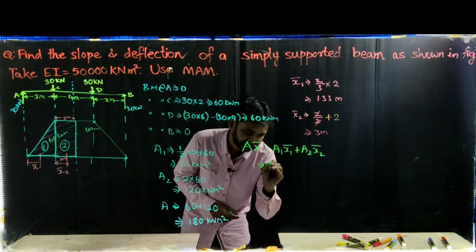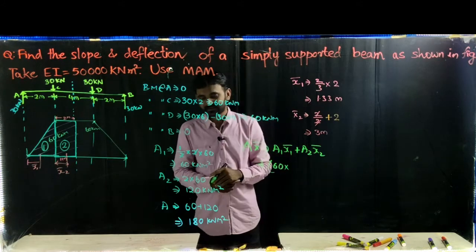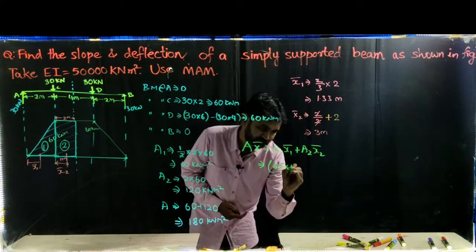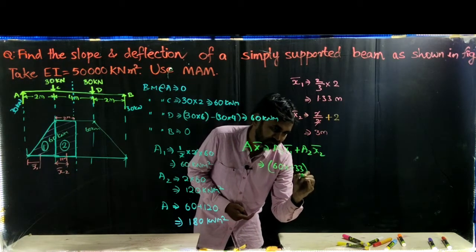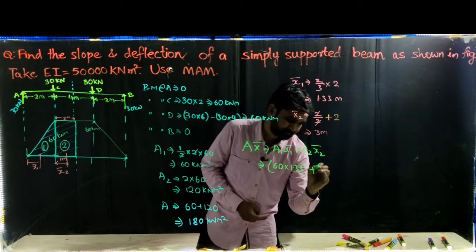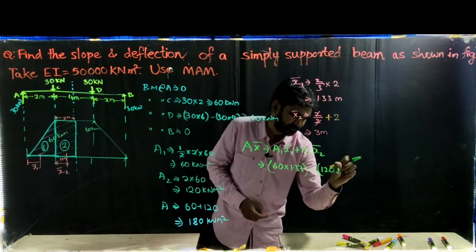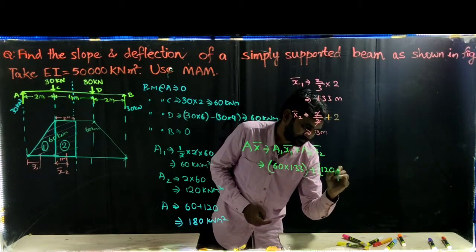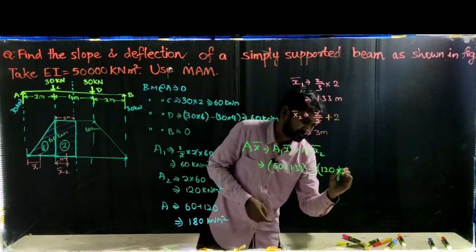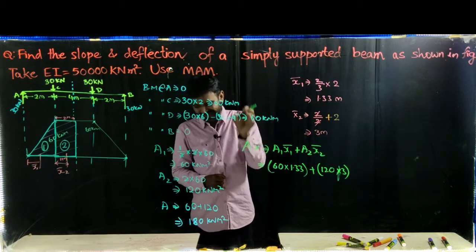This is 60 into what is x1 bar? 1.33 meters. A2 is 120 into x bar 2, which is 3 meters. So I'll get A x bar from this.